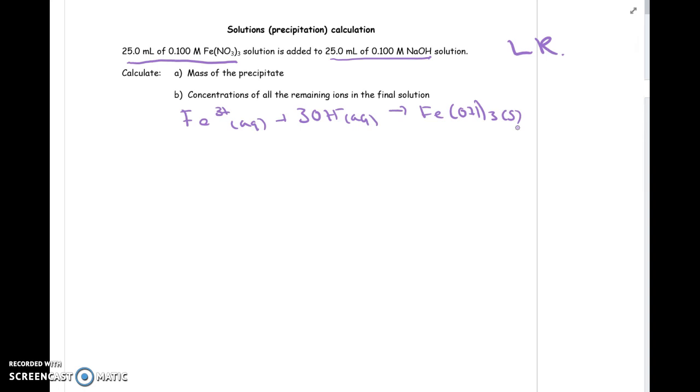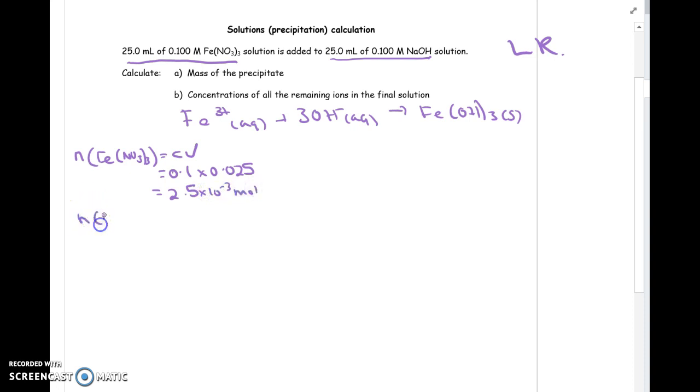Like any stoichiometry, the first thing we have to do is find the moles. So the number of moles of iron nitrate is equal to CV. The concentration was 0.1 times 0.025. Remember, it has to be in litres, and it comes out to 2.5 by 10 to the negative 3 moles.